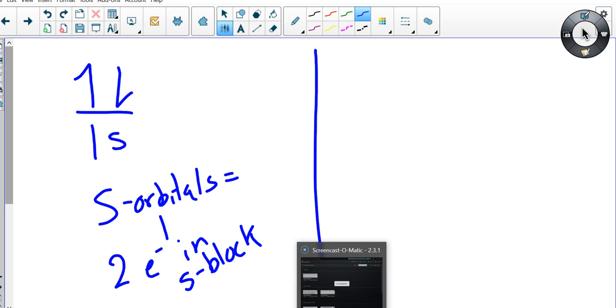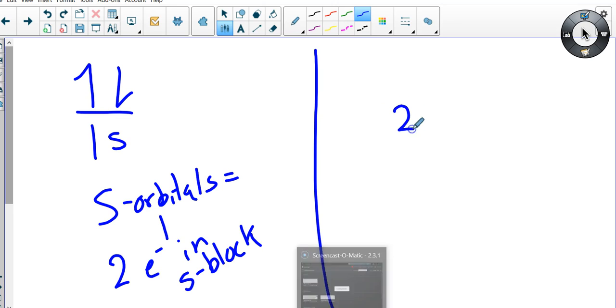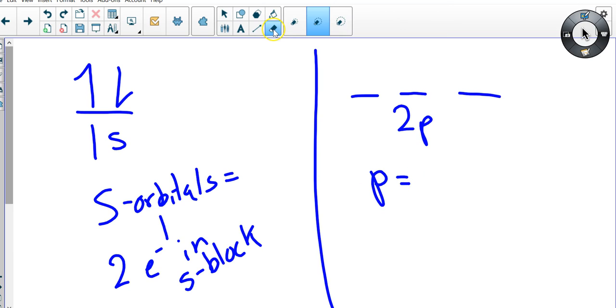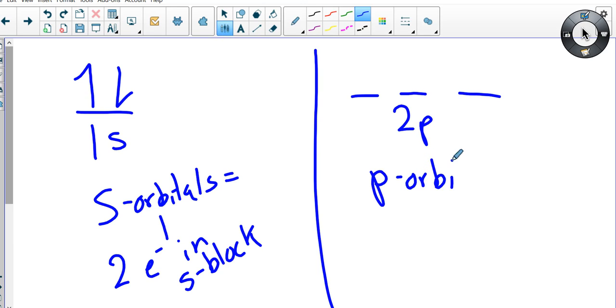So, if I were going to draw a P orbital, let's make it 2p. How many P orbitals do you think there are? Okay, well, there's 6 electrons in a P block. Each orbital can hold 2. So, how about 3? Does that make sense? Look, watch me.